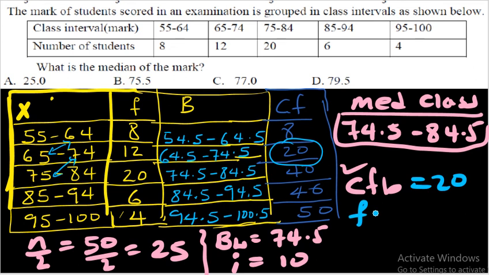And frequency of the class, frequency of the third class, which is 20, again here it is. So these are what are needed. So let's go to the next page and let us complete it.